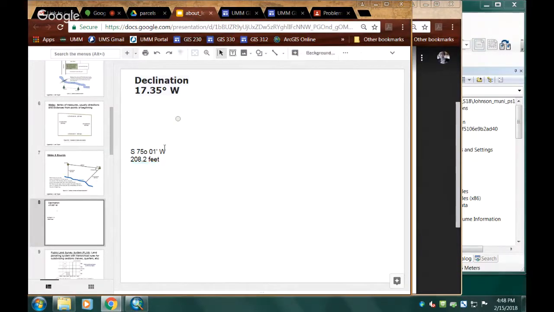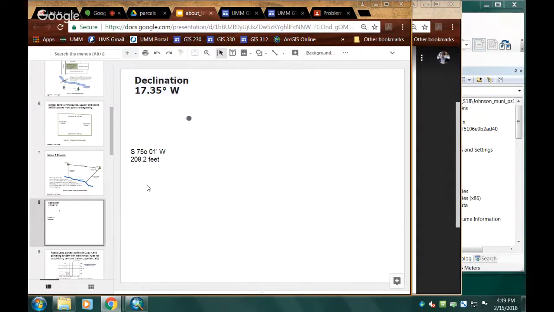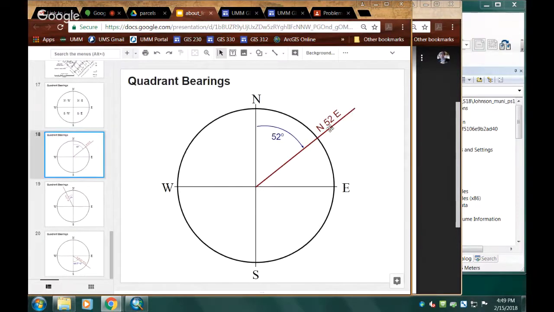Okay, so I have to figure out what real direction that is if I'm working with non-magnetic compass direction. So let's think about that for a minute. First of all, let me get a quadrant.